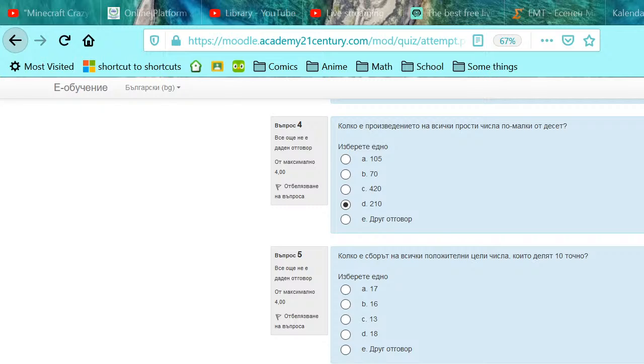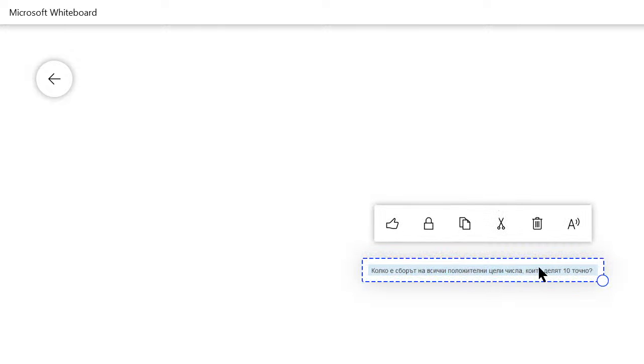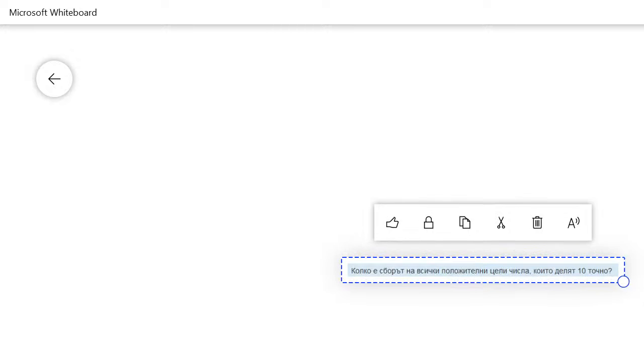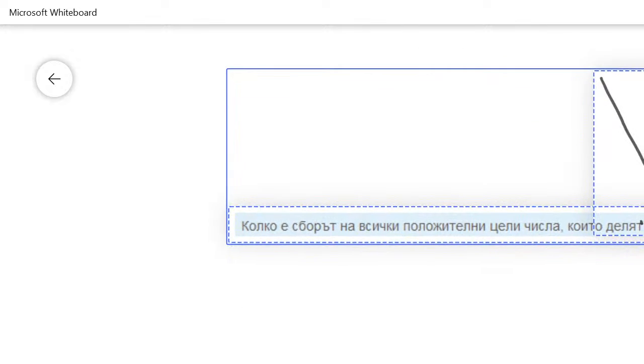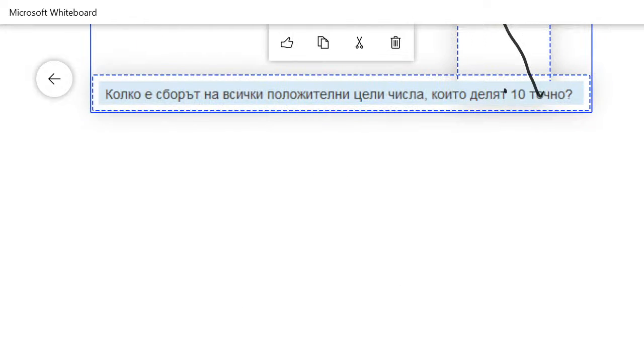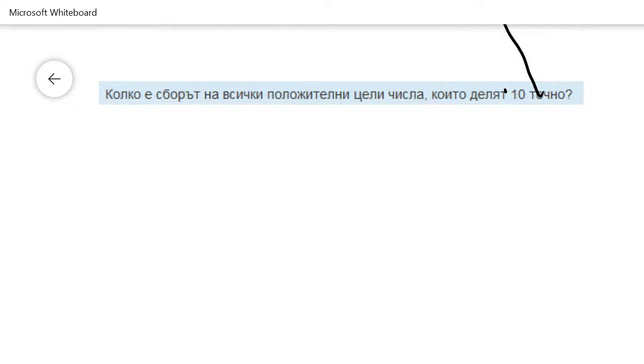Now, we have this problem, which is super easy again. But the first ones are always like that. I just copy paste it, and my computer is responding. Alright, just like that.